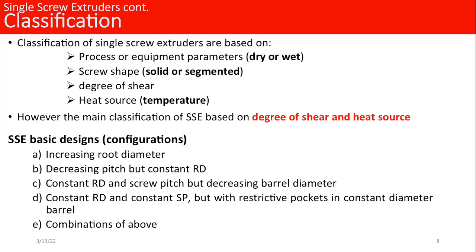And degree of shear: high shear, low shear, medium shear extruders. And heat source, sometimes a hot extruder or cold extruder. So here we have used temperature as the classification criterion. However, the main classification of single screw extruders is based on degree of shear and also the heat source. That is the main thing, but we have different classification methods.